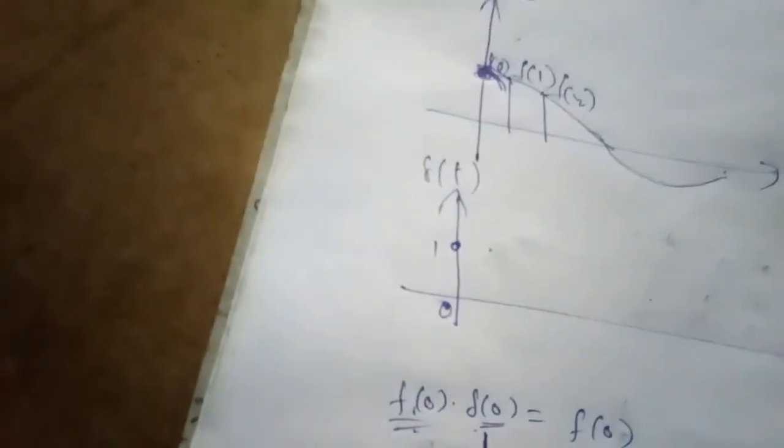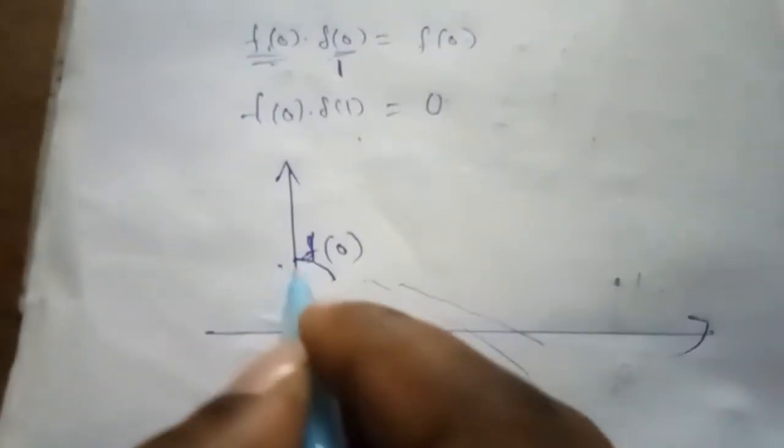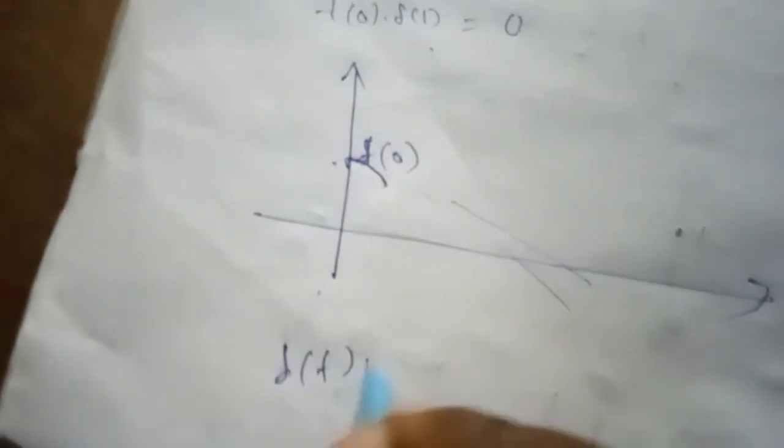Whatever signal is present, del of 0 into f of 0, that only comes here. This is equal to f of 0. At all remaining places it becomes 0. Only f of 0 is present. So del of t into f of t is equal to f of 0. Hence the third property is also proved. This is about the first question.